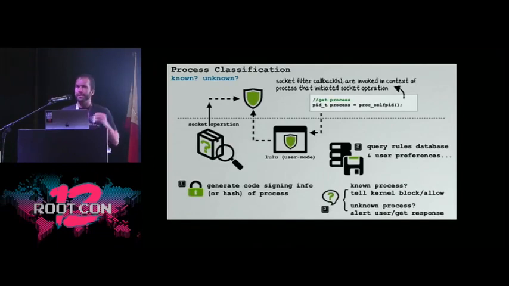So as I noted, we pass this to user mode. The launch daemon will map this to a path, and then it will also generate the code signing information for this process. Because in the rules database, what it stores is a path to a process, an action, that is, if it's allowed or should be denied, and then also the code signing information about this process.